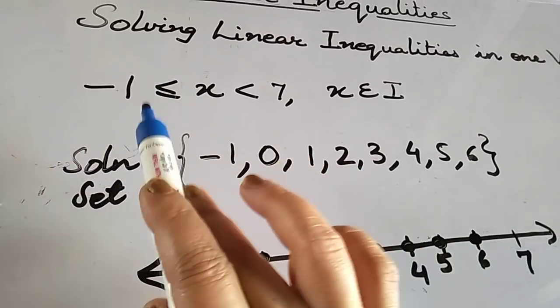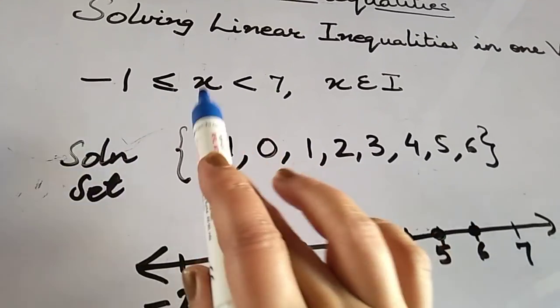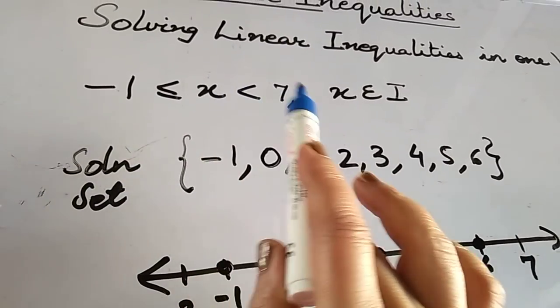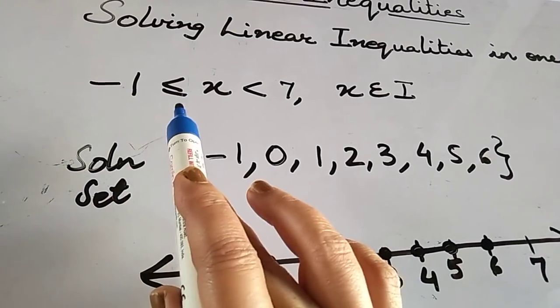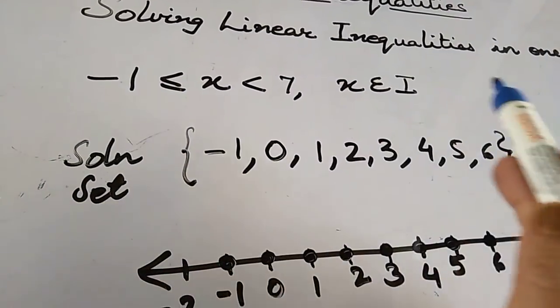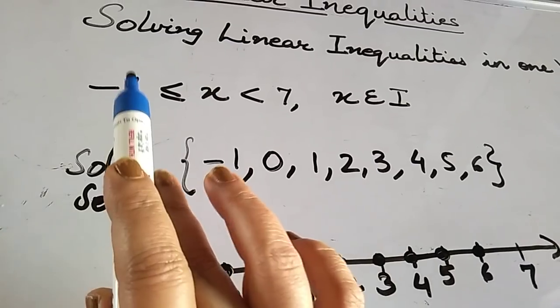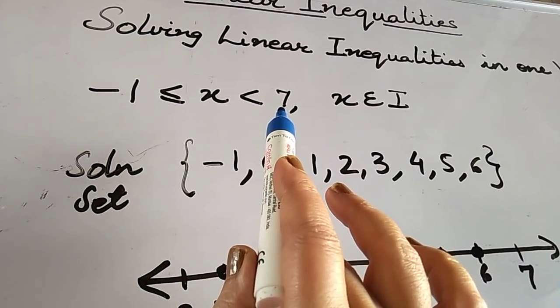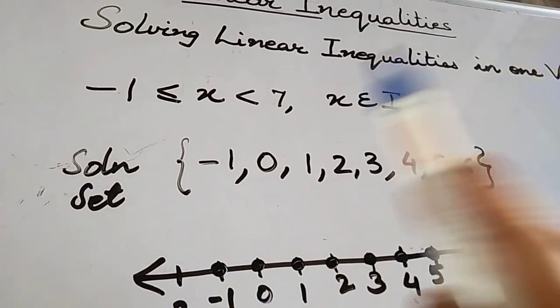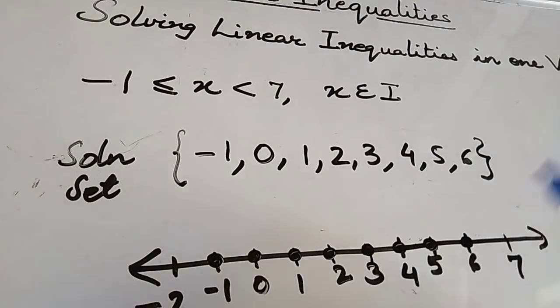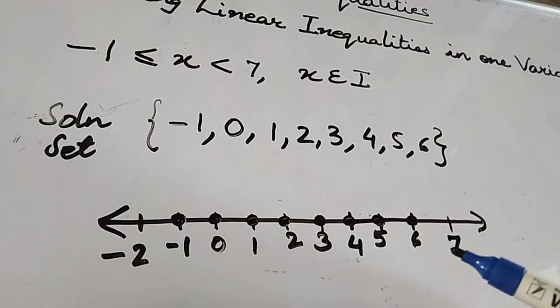When we have two inequality signs here, it means x is less than 7 and greater than or equal to -1, and x is an integer, or we can say integers which lie between -1 and 7 including -1 but less than 7. Clear? Okay, this is how we represent it on a number line.